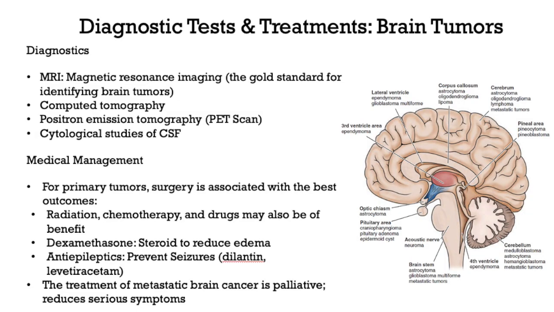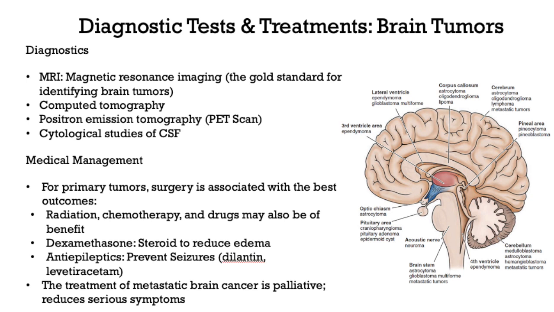So our diagnostic tests and treatments for brain tumors are usually that of, depending on whether or not they are benign or malignant, that is up to the oncologist and the neurosurgeon to work together to determine what the best course of action is for a malignant tumor versus a benign tumor that the neurosurgery team can go in and remove without needing chemo or radiation.